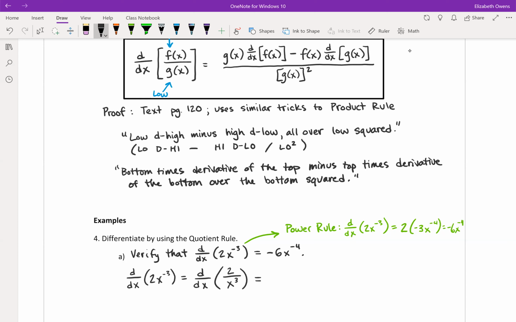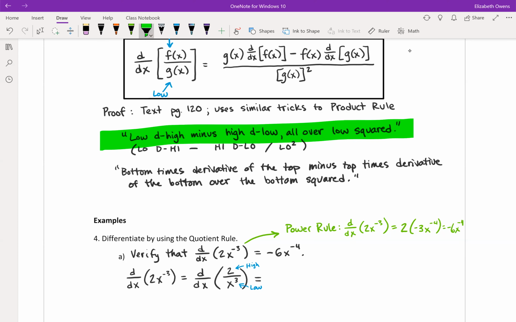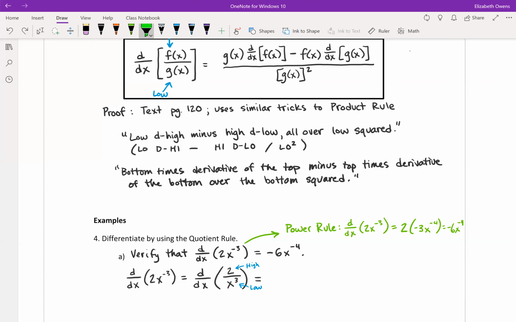But this will give us an opportunity to use the quotient rule. And I'm going to label these as high and low functions and use that low d high minus high d low statement here for us, just since it resonates with a lot of people. A lot of people like that memorization technique.